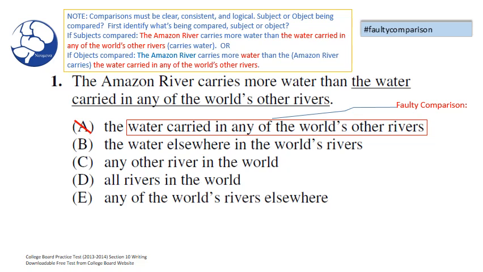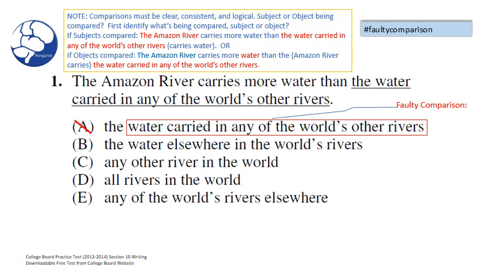So when we compare the two, we can see that the logical comparison should be the subjects, not the objects, because you're trying to compare the Amazon River to another river, not necessarily the water carried in any of the other world's rivers. So we've established now that the subject is what's being compared.